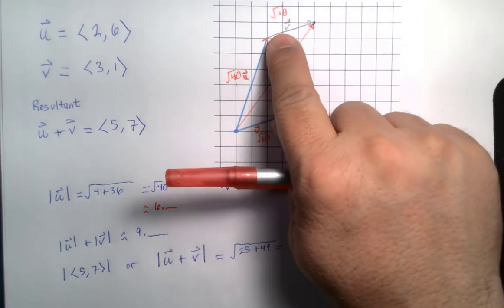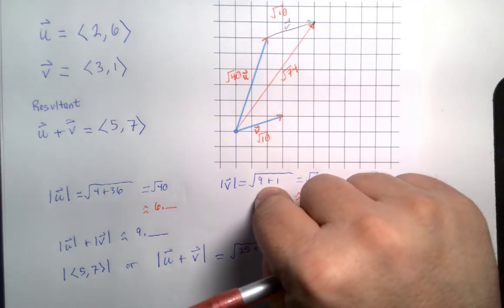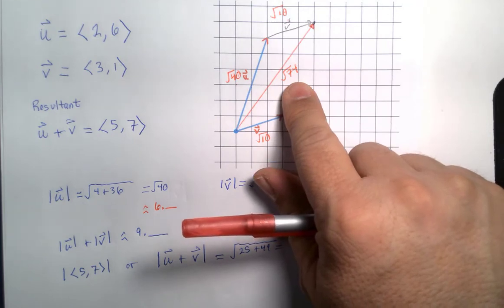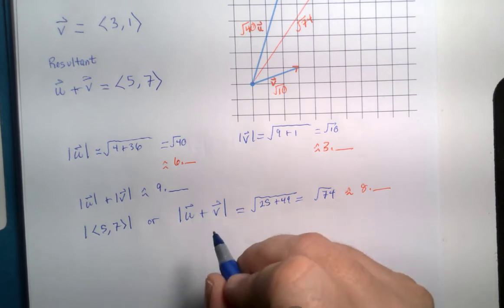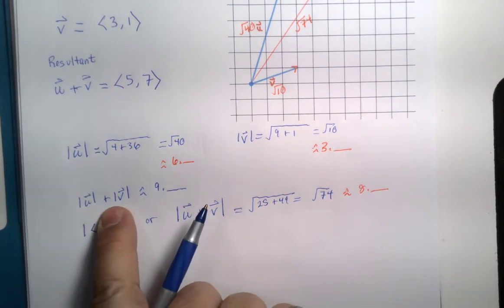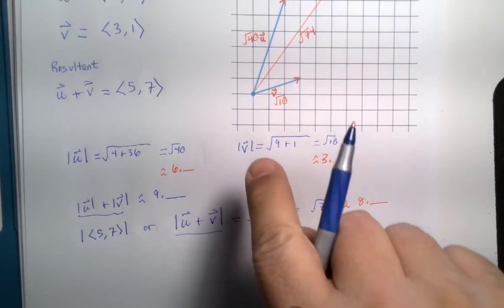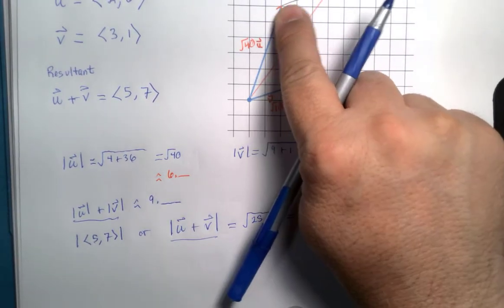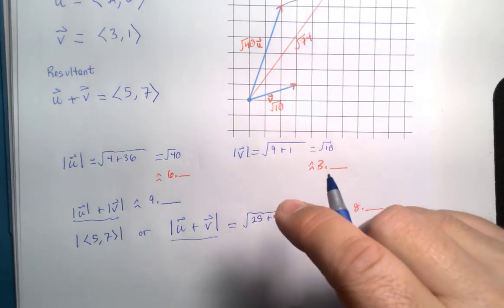The two shorter sides of the triangle will always add up to greater than the third side of the triangle. The only way it is possible for this sum to be equivalent to the sum is if these vectors were linear. They lined up in the same line path, which they do not in this case.